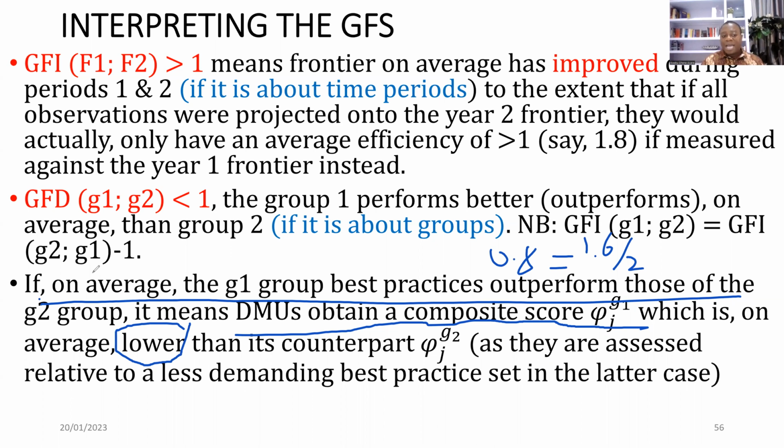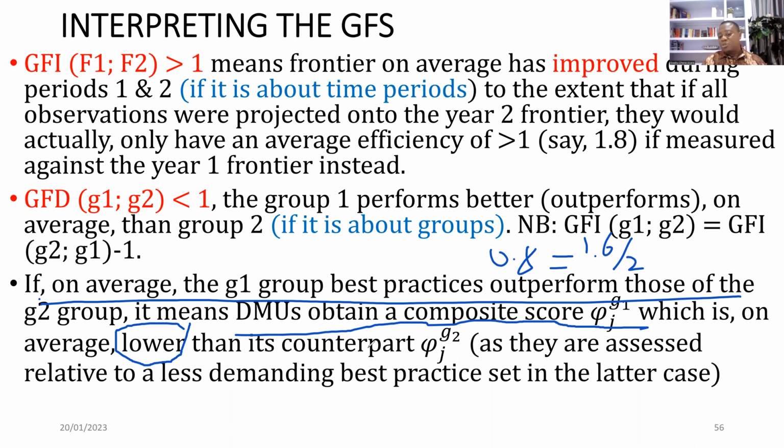And he's saying that if on average group 1 best practices outperform, in other words, group 1 is better than group 2, then group 1 is the one having this score. It obtains a lower composite score. Composite here means the geometry.